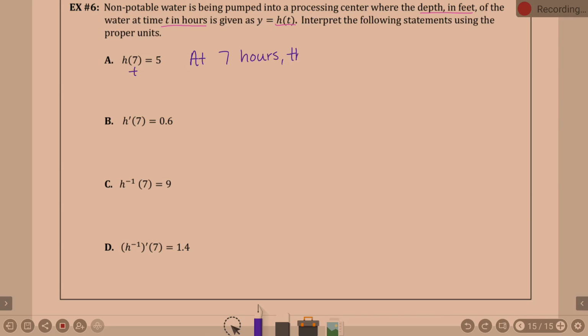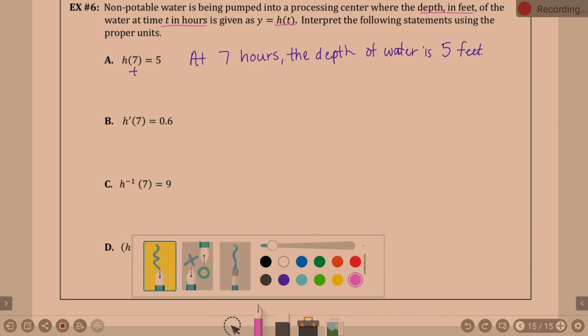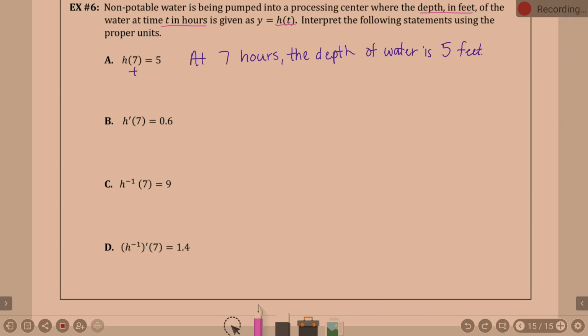I wanted to be specific, the depth of the non-potable water. And then at 7 hours, the depth of the water is changing at a rate of 6/10 feet per hour.